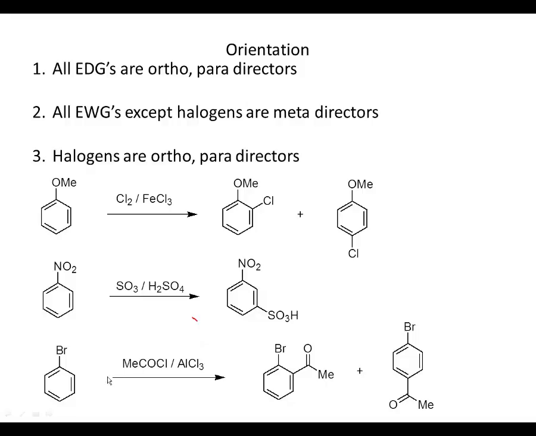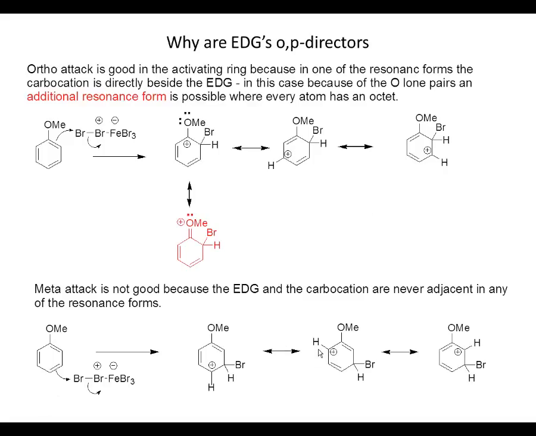The halogenated benzene ring, shown here, undergoes electrophilic aromatic substitution primarily at the ortho and para position. So in this Friedel-Crafts acylation reaction shown here, you would expect to see mostly the ortho and para products, and again, more para than ortho in most cases.